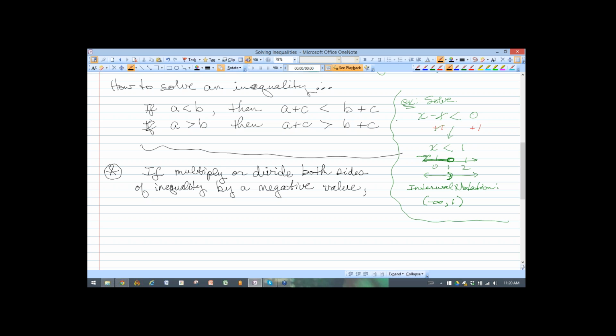The sense is either a greater than or less than direction. It's called the sense, but I'm just going to say direction. In plain English, we swap the direction of the inequality, and I'm going to show you why in a sec with an example.